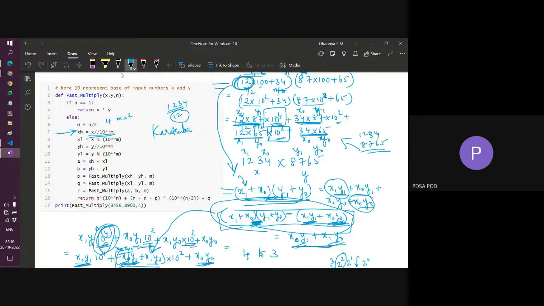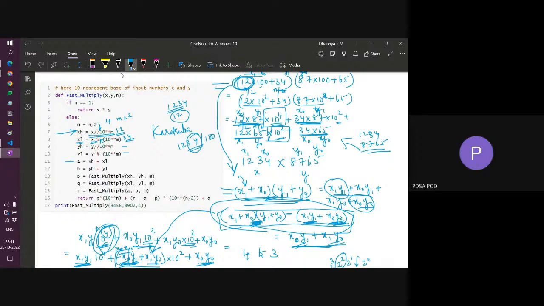For this one again, you take the remainder of that. Okay, so 1, 2, 3, 4. You again divide by 100, and you take the remainder. You get the 34 here. So you get the 12 here and 34 here. This is the quotient, and this is the remainder that you're getting, which is you're splitting the 4-digit number into 2 2-digit numbers. Same way for the y also, you will split it into 2. I hope this part is clear, right?